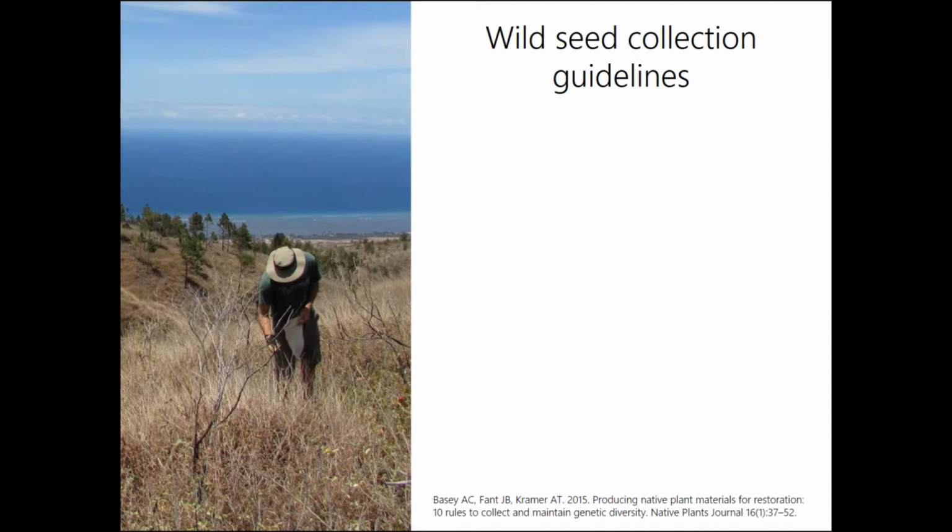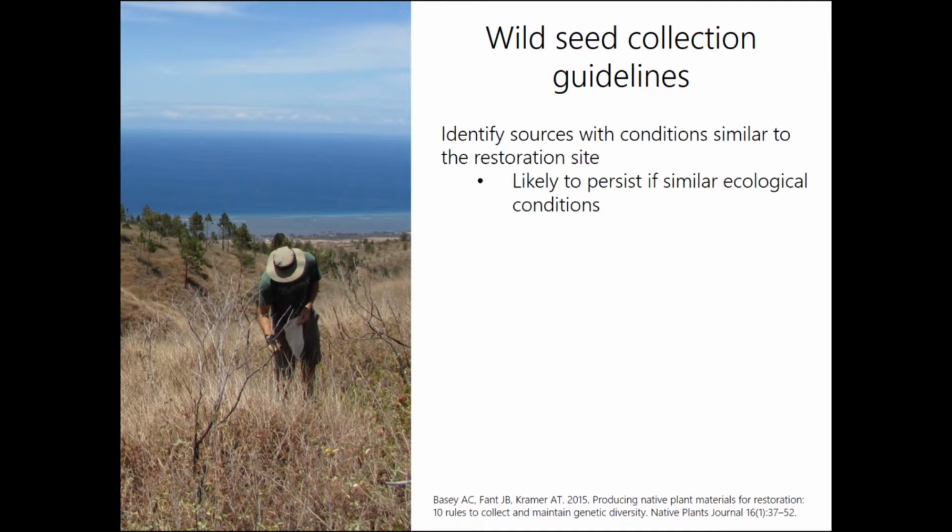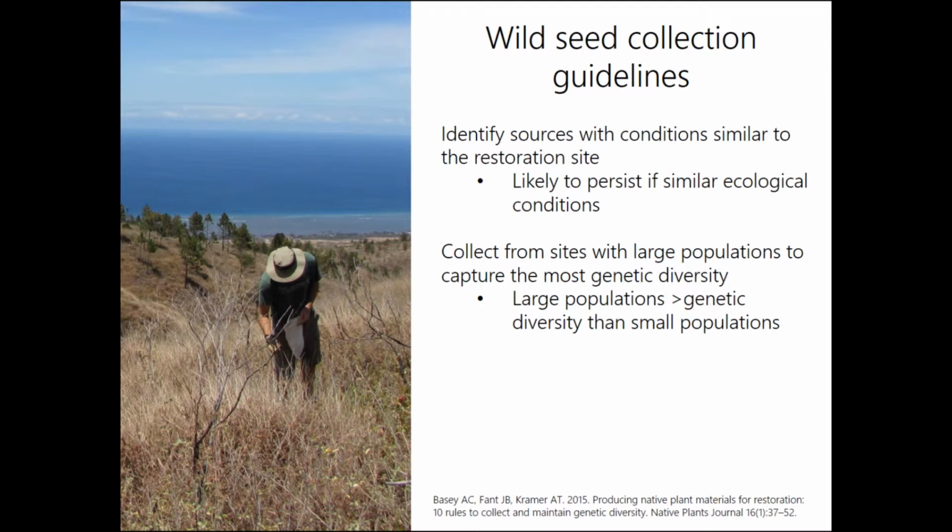I know some of the speakers have talked about this in the early session. There are just three guidelines in terms of collecting seeds from the wild. Try to identify sources of seeds that you need for your restoration site. They should have the same environmental characteristics, because if you have collected seeds from a site with the same environmental characteristics, then they're likely to persist over time.